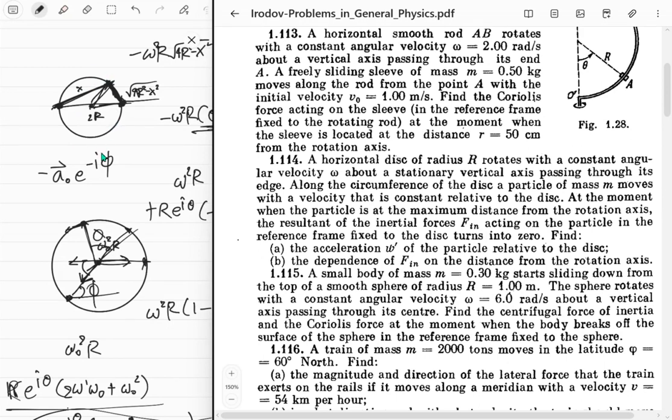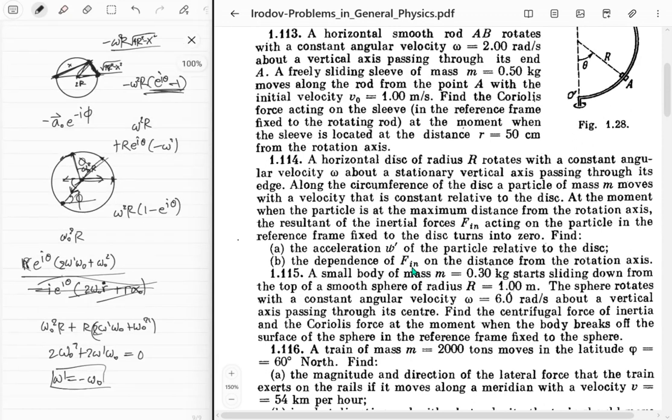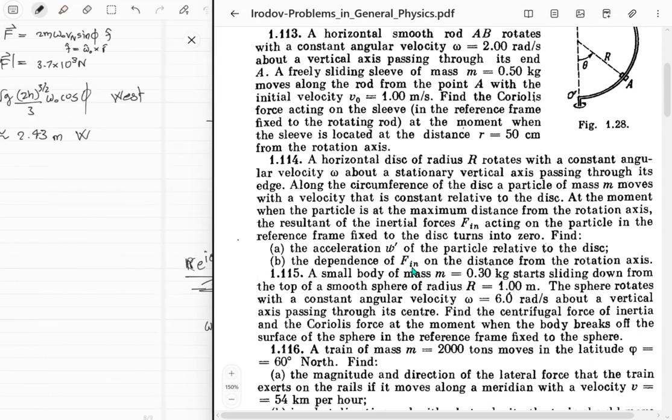Now how do I do that? Wait, you just want distance, right? So this should be enough. In fact, you don't want the direction or anything, you just want F in. This is not even in bold, so probably it just means it is a magnitude that we're looking for. So magnitude wise, it's just this quantity, omega squared r times the square root of 4r squared minus x squared.